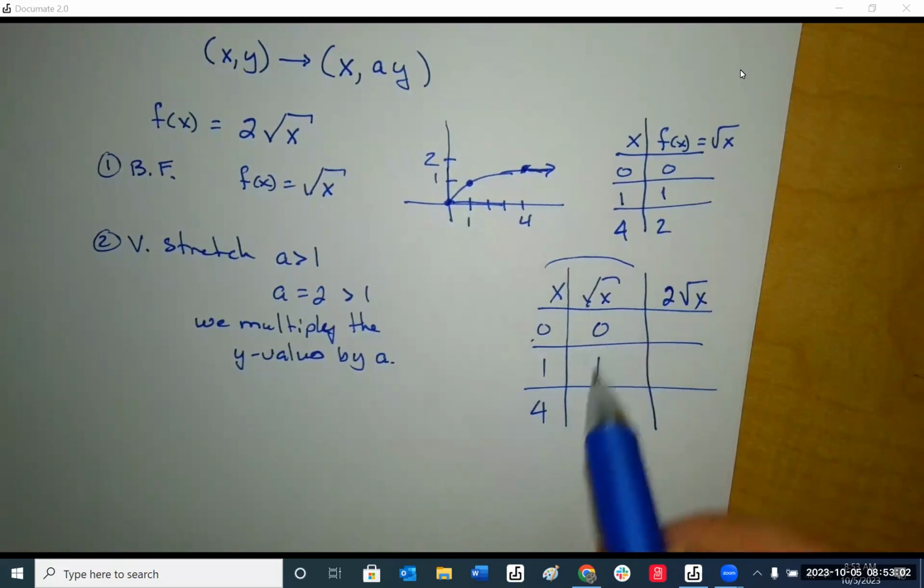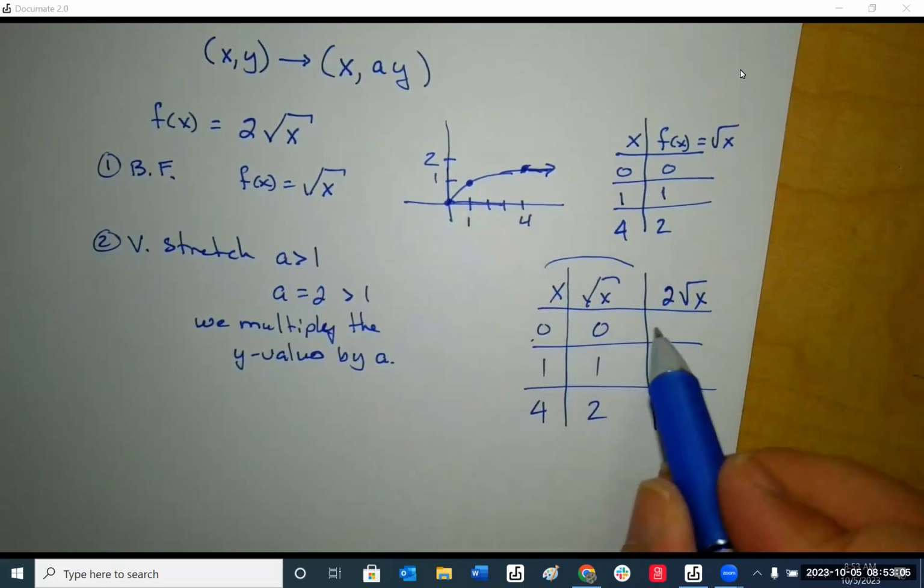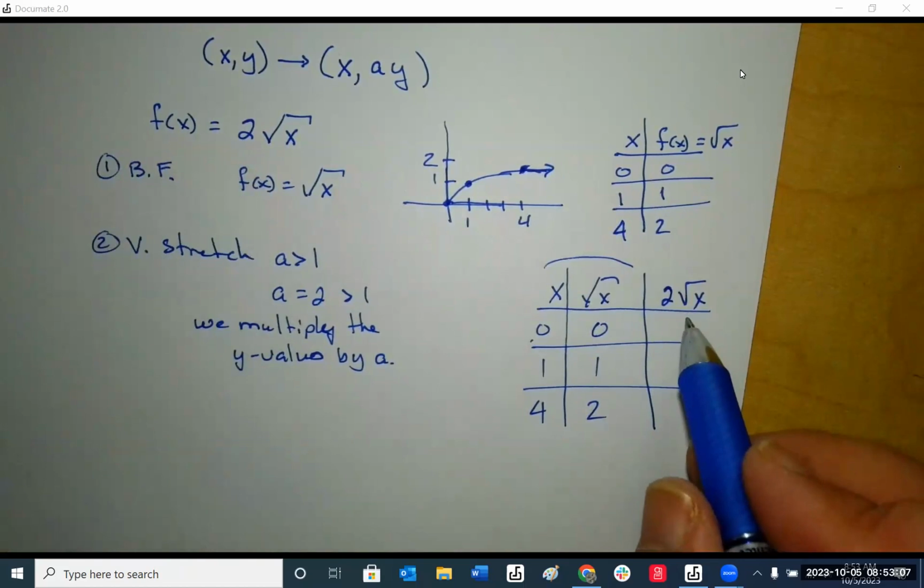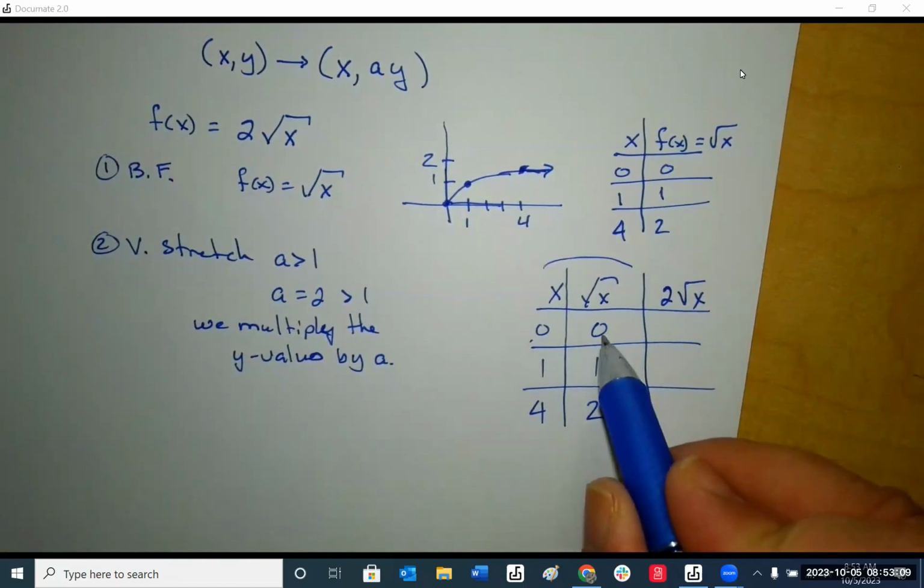This is my X, these are my Ys. Now, since my function says 2 times radical X, I take this value, multiply by 2.